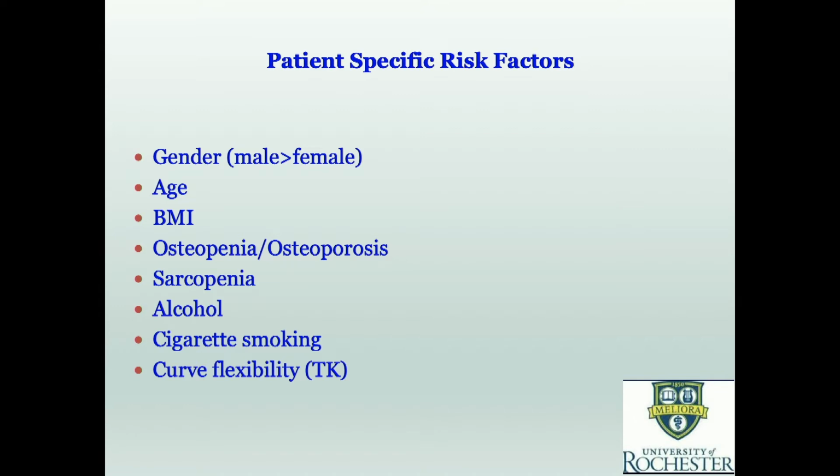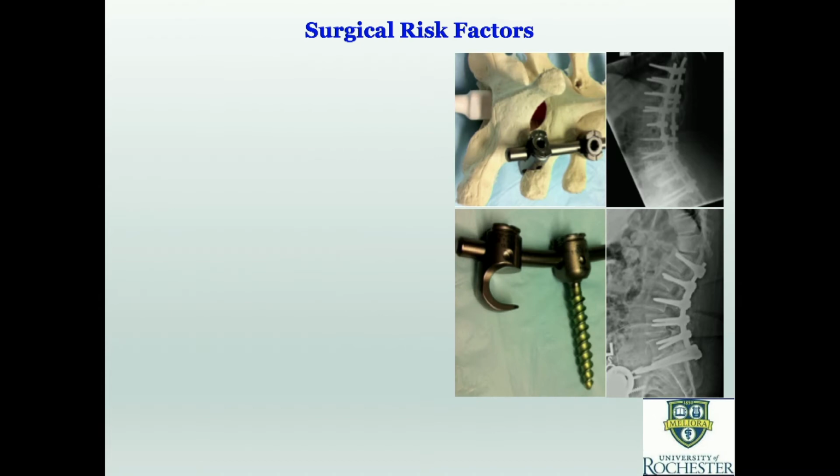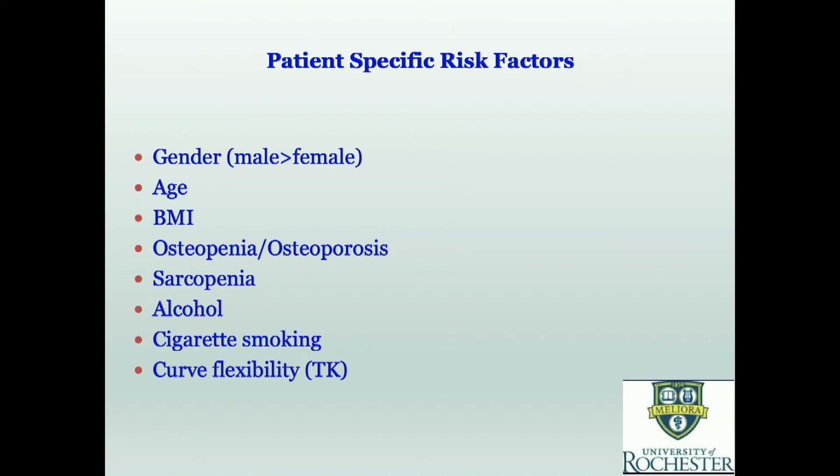A few days ago, we talked about some studies using MRI to look at muscle mass. So yes, you can look at muscle mass on MRIs after surgery, but how does that affect the patient clinically? We still truly don't understand why some of these things predispose patients to PJK. Curve flexibility is something that's been reported recently, looking at the thoracic curve.